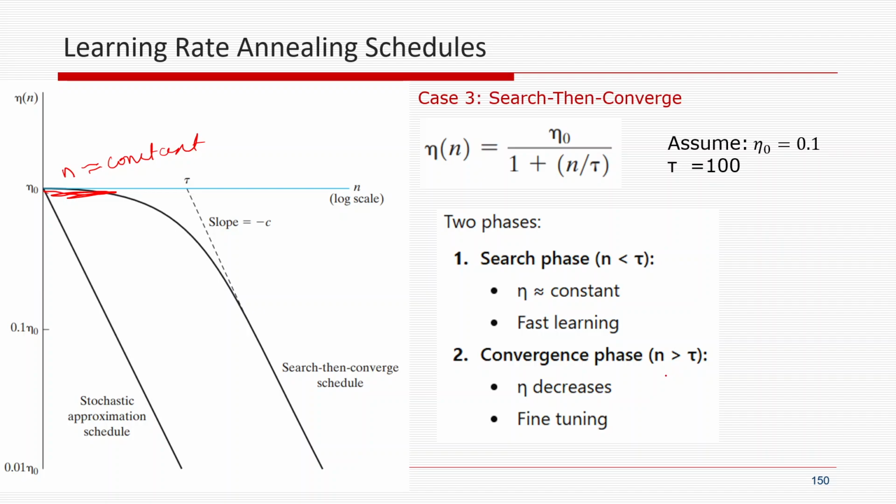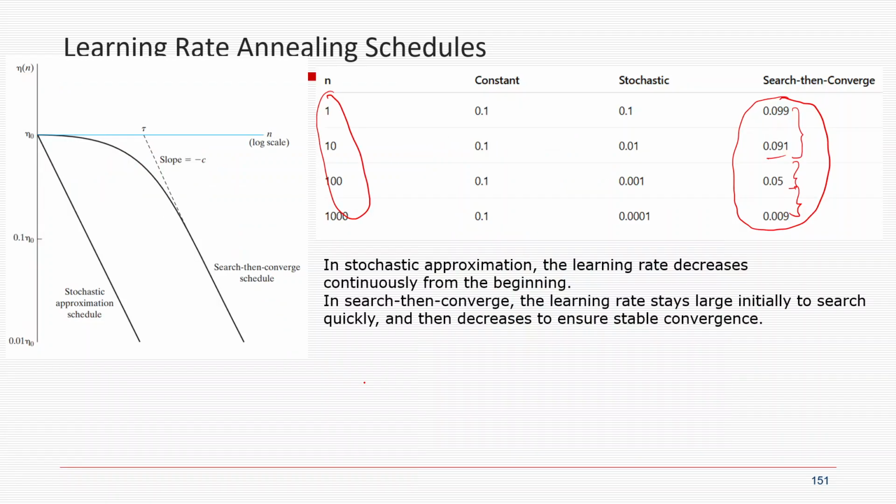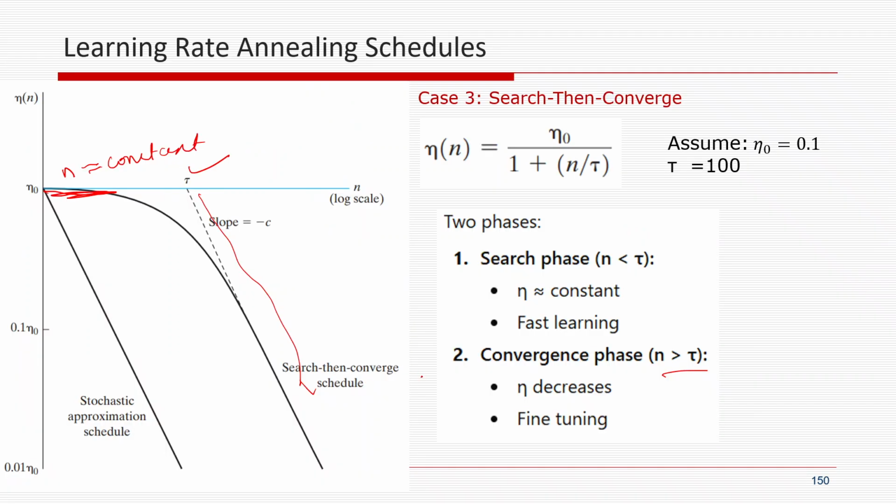But when n takes a value greater than τ, the learning rate decreases. It keeps going on, because we have seen it goes from 0.05 to 0.009. That is, η decreases and fine tuning may happen to the model.